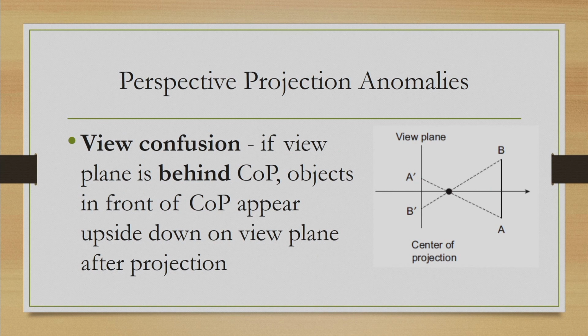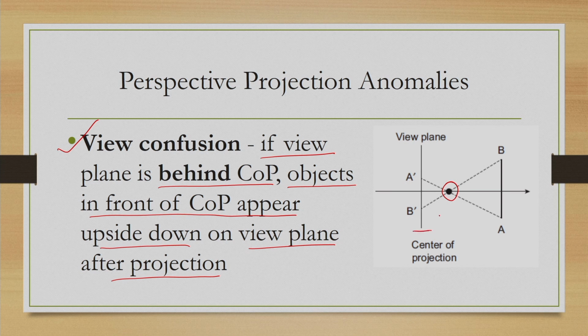There is another anomaly called view confusion. Now, if the view plane is behind the center of projection, that means the point where the projectors meet, then the objects that are in front of the center of projection appear upside down on the view plane after projection, and this is simple to understand. This is the center of projection and the view plane is behind it.